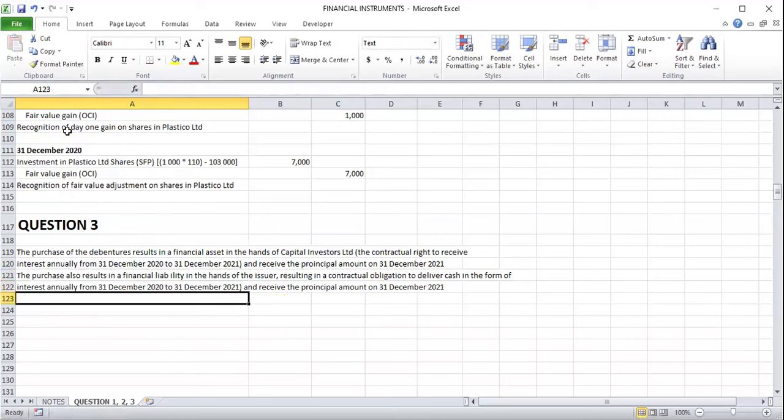Right. So in the hands of Capital Investors, this is a financial asset, and in the issuer's hands, it's a financial liability.